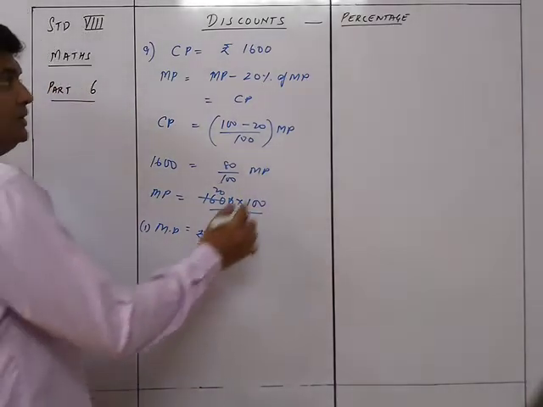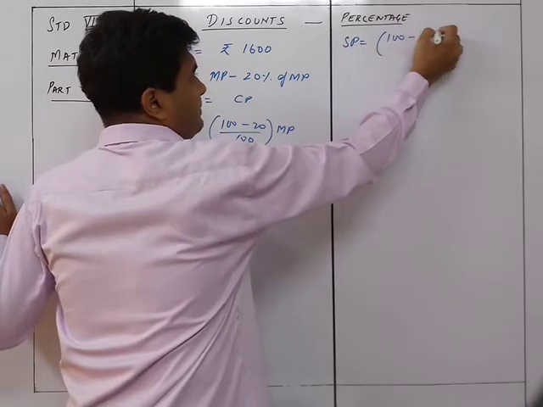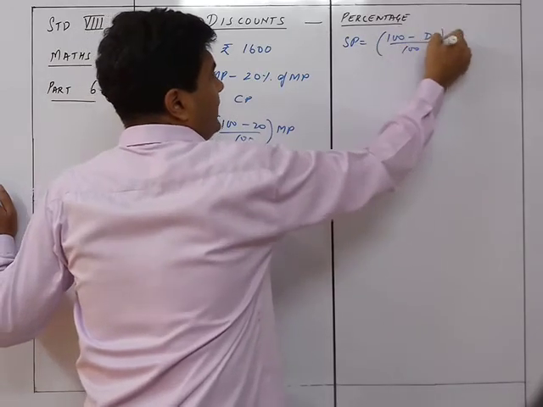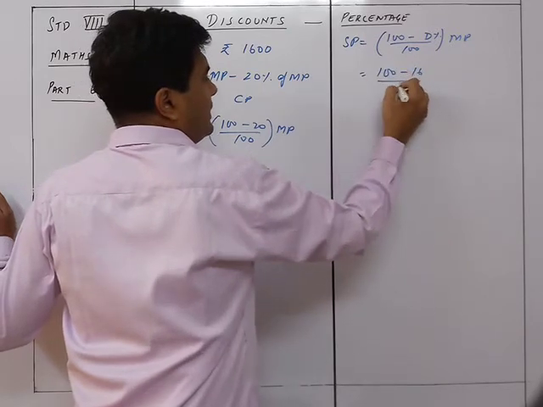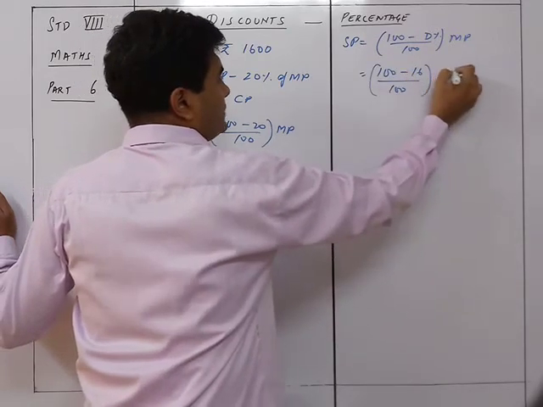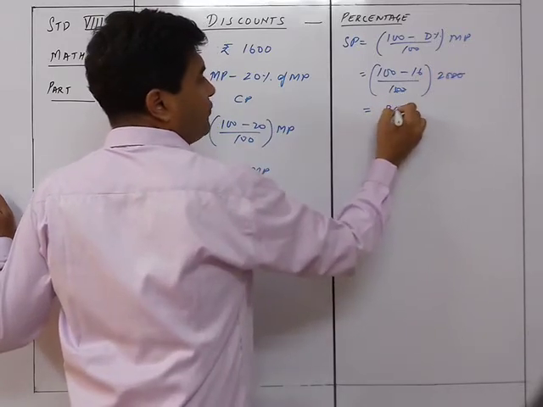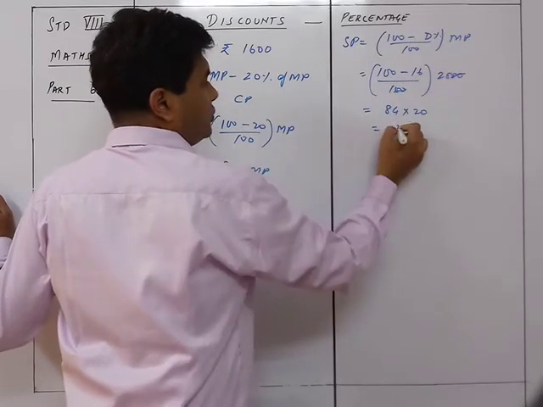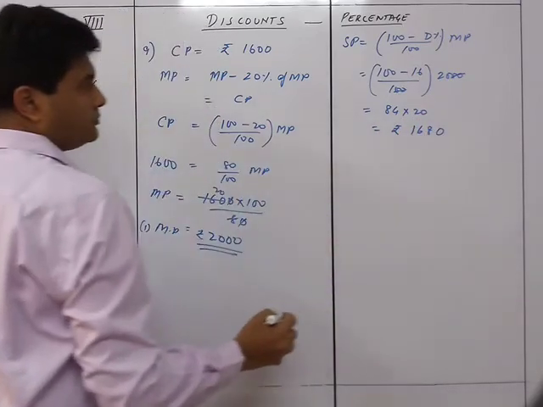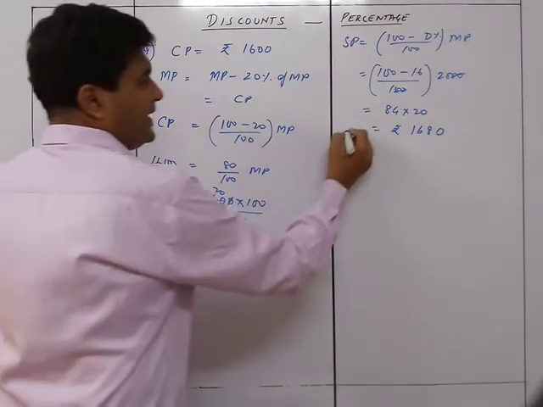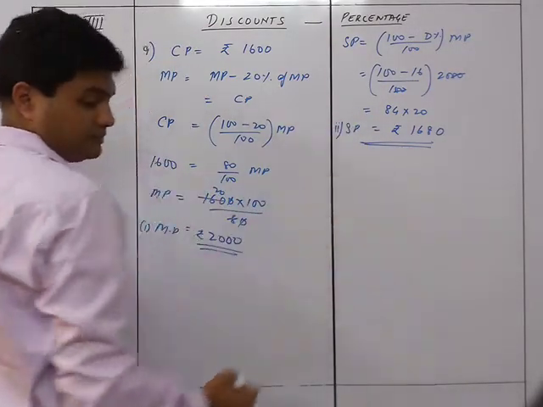So we have over here that the selling price is equal to (100 minus the percent) upon 100 into MP. So that is (100 minus 16) upon 100 into MP, which is 2000. So here cancellation gives you 84 into 20, which is equal to rupees 1680. So the selling price is rupees 1680. That's the second answer.